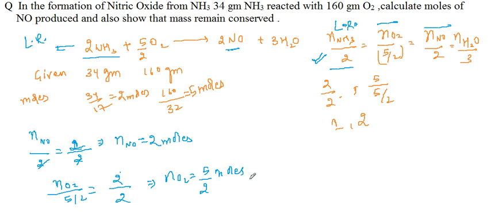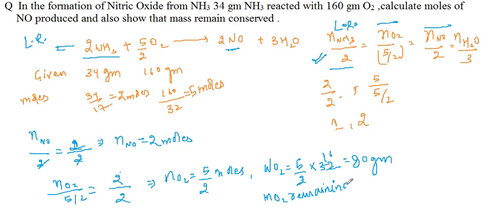Now if 5 by 2 moles is used, what is the weight of O2 used? It is 5 by 2 multiplied by 32, and 16 into 5 is 80 gram. So 80 gram of O2 will be used. So how much O2 is remaining?